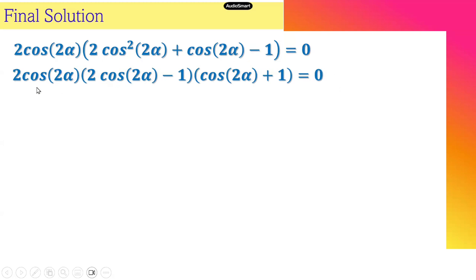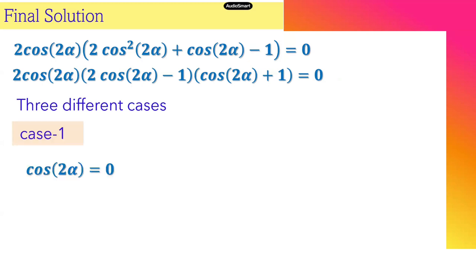Therefore each of the factors must be 0, so we need to find the possible cases. We will have 3 different cases. First we take cosine 2 alpha is equal to 0. When cosine 2 alpha is 0, the first direct solution is 2 alpha equal to pi over 2, and this implies alpha equal to pi over 4.